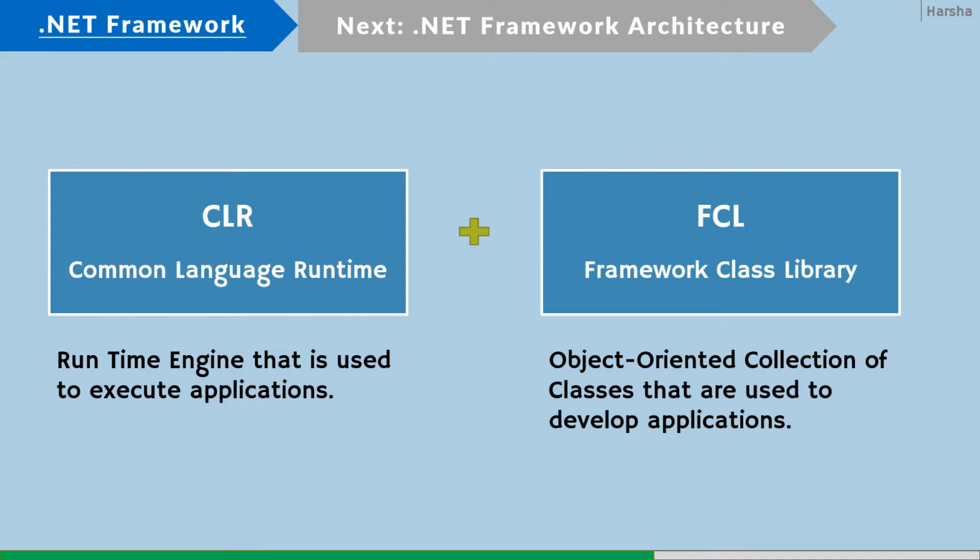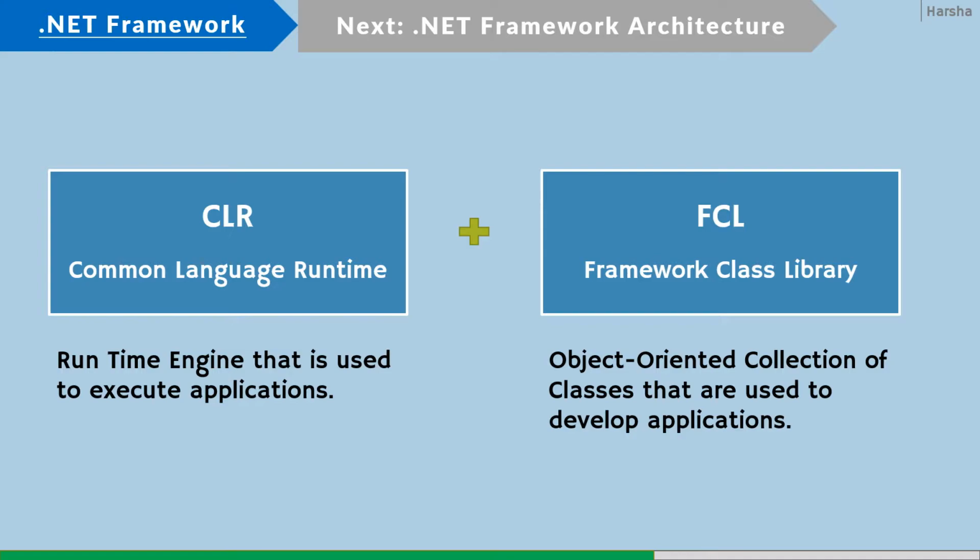So this time, we will discuss about .NET Framework, which is the most important component in .NET. So what is .NET Framework? As I told already, .NET Framework is a platform to build different types of applications. .NET Framework mainly consists of two major components, that is CLR and FCL.